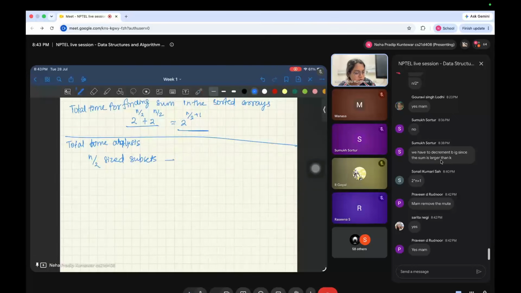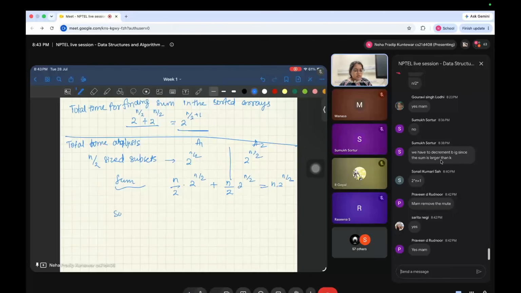So that was 2 to the n by 2 and 2 to the n by 2 for the other array. And then you went on to find the sum. So the cost you incurred there was n by 2 times 2 to the n by 2 plus n by 2 times 2 to the n by 2, which is n times 2 to the n by 2.